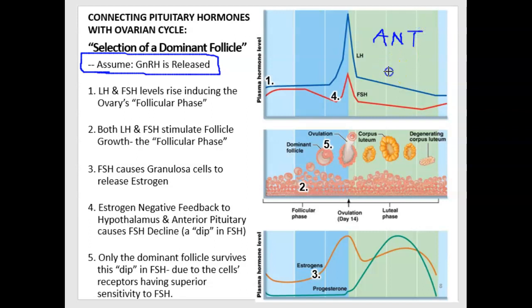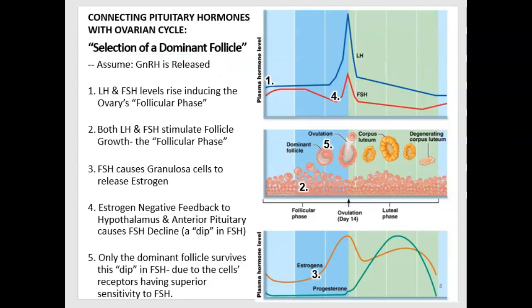The middle picture shows what's happening in the ovary, specifically the follicular phase, ovulation, and the luteal phase. And the bottom picture shows hormone production by the ovary, estrogen and progesterone.